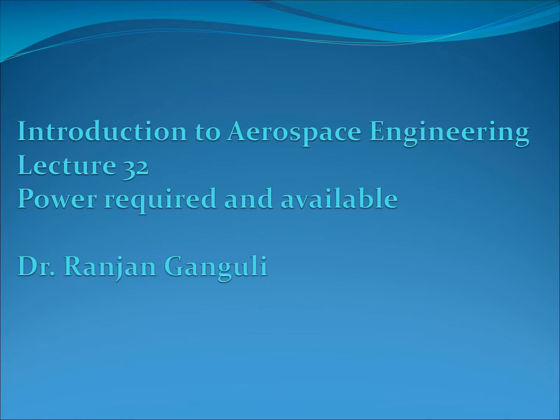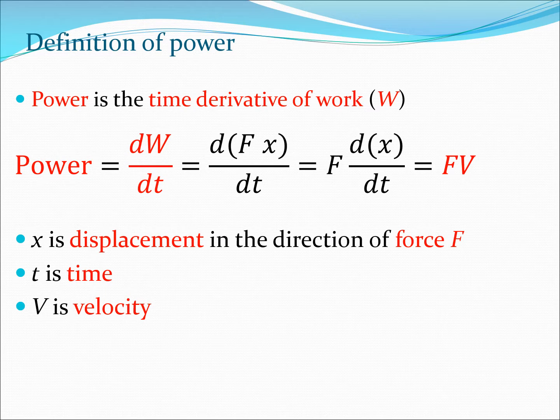I'm Dr. Ranjan Ganguly. Now let us just recapitulate some of the things we know about power. So we know that power is the time derivative of work, that is power equals dW by dt. Now we can write work as F into x, where x is the displacement in the direction of the force F, and if we then assume that force is a constant, then we can bring force out of this bracket here, and we can write this as F into dx by dt, or F into v.